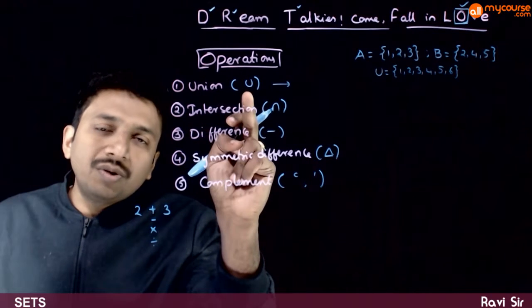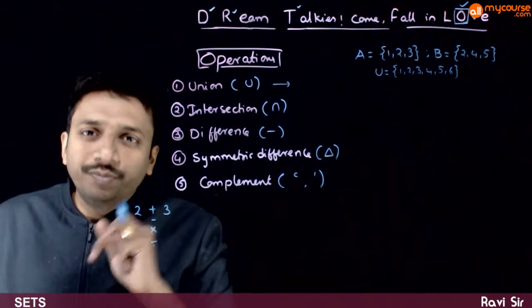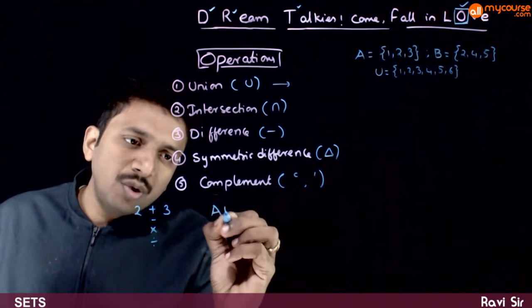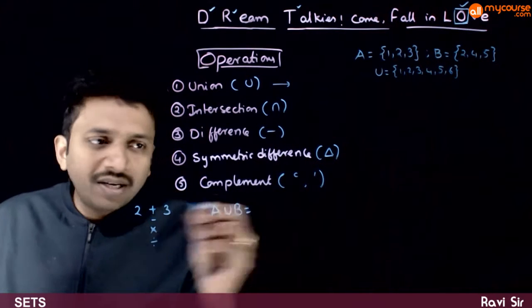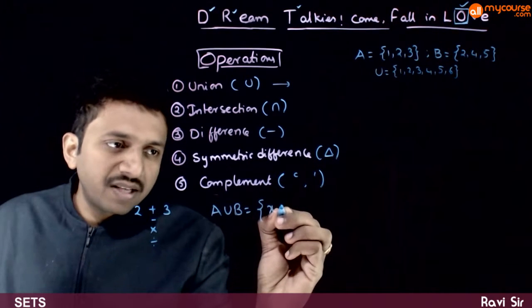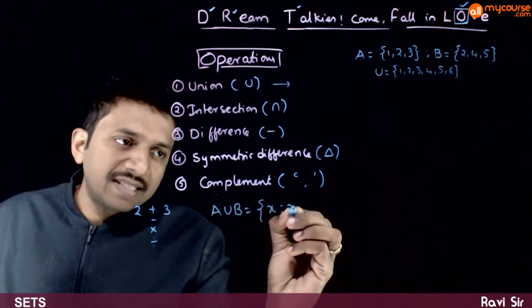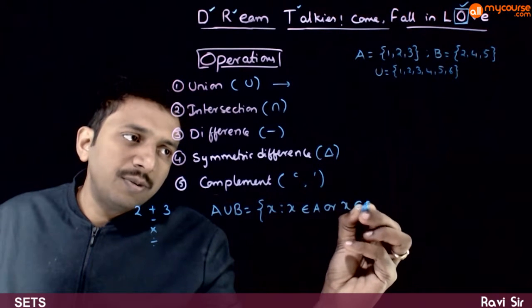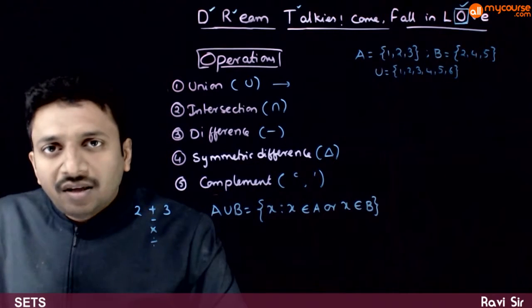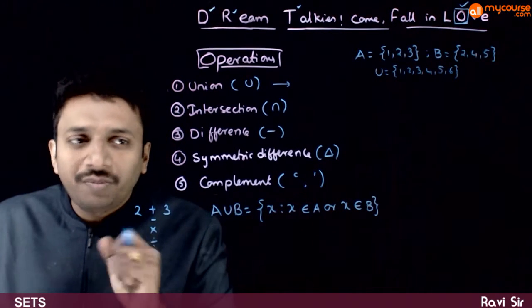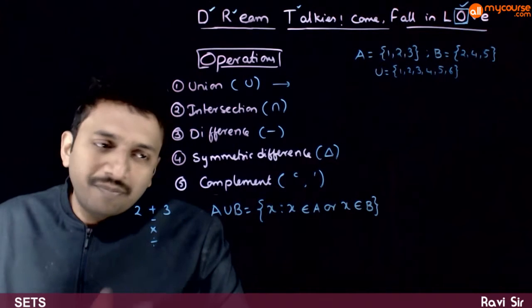Union is usually denoted by a capital U. If you have two sets A and B, A union B is a set containing all the elements X such that X either belongs to A or X belongs to B. So if an element either belongs to A or belongs to B, then it belongs to A union B.